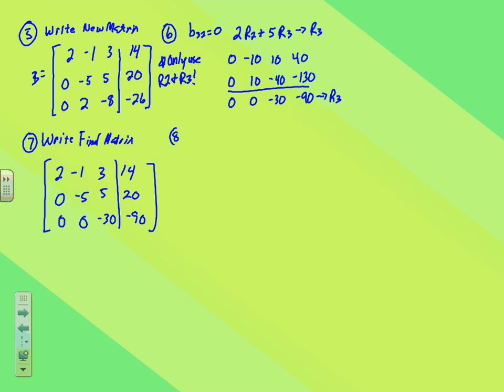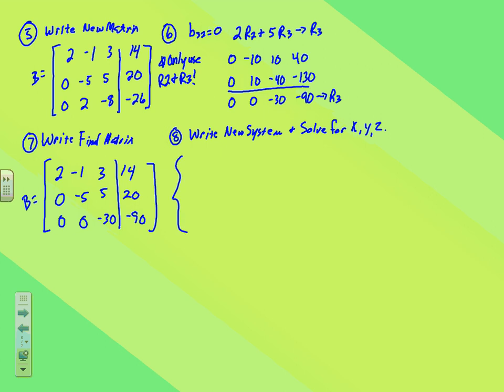Next, I'm going to write my new system from my final matrix, and then I'm going to be able to solve for x, y, and z.